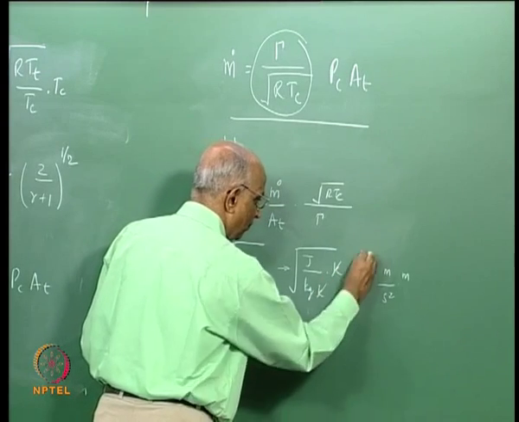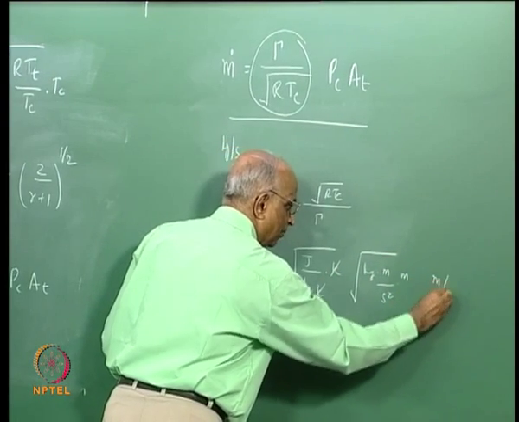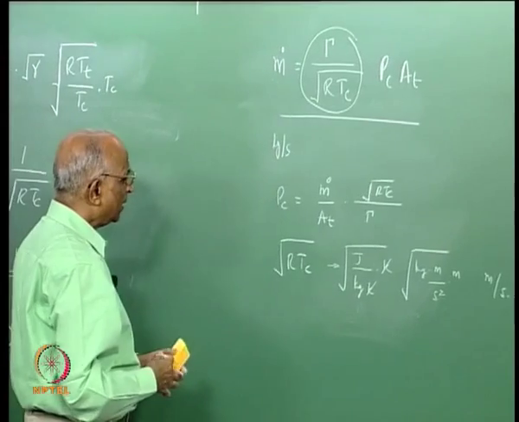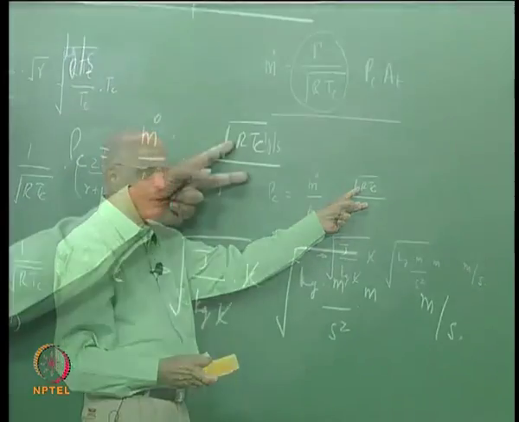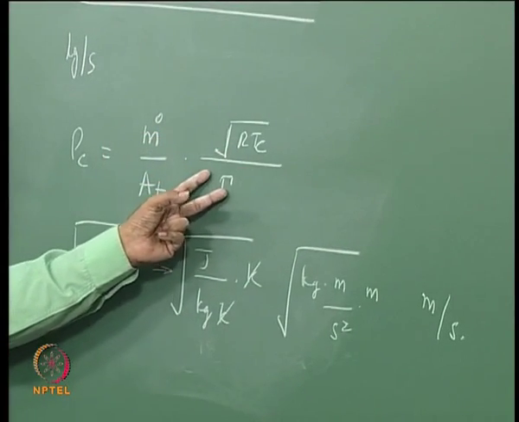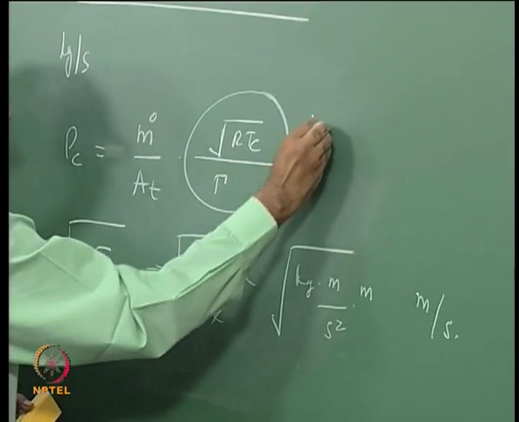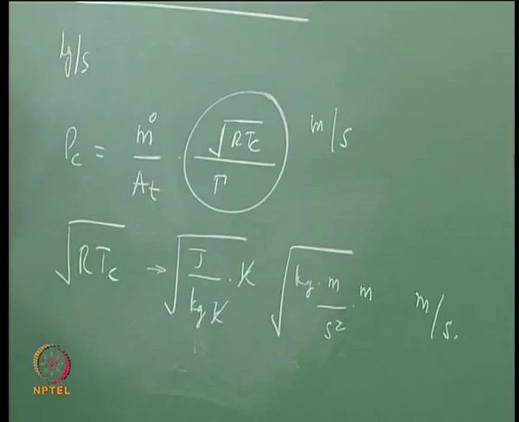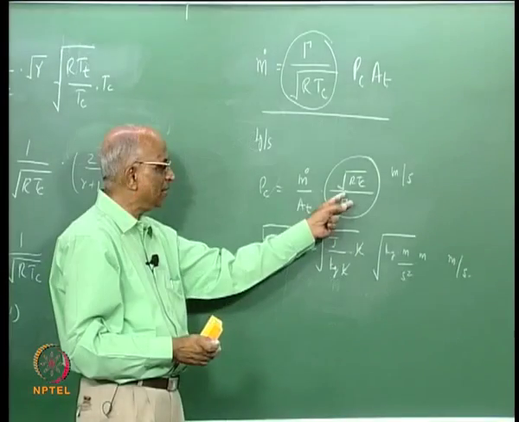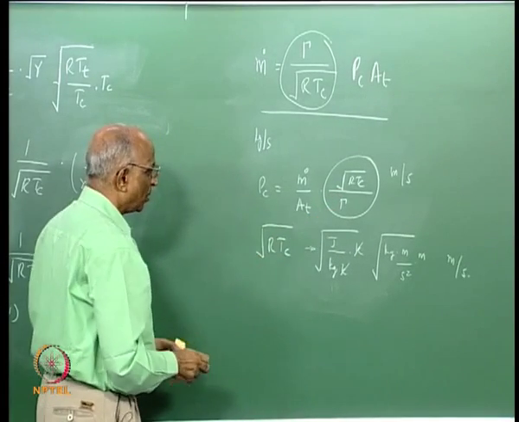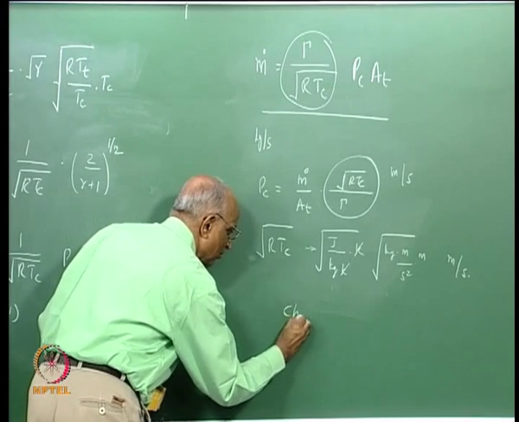Kelvin gets cancelled, therefore you have meter per second. Therefore you find that the value of 1 over gamma under root RTC, gamma is just a function of gamma, has units of velocity, meter per second, and this particular value under root RTC by gamma is what is spoken of as characteristic velocity.